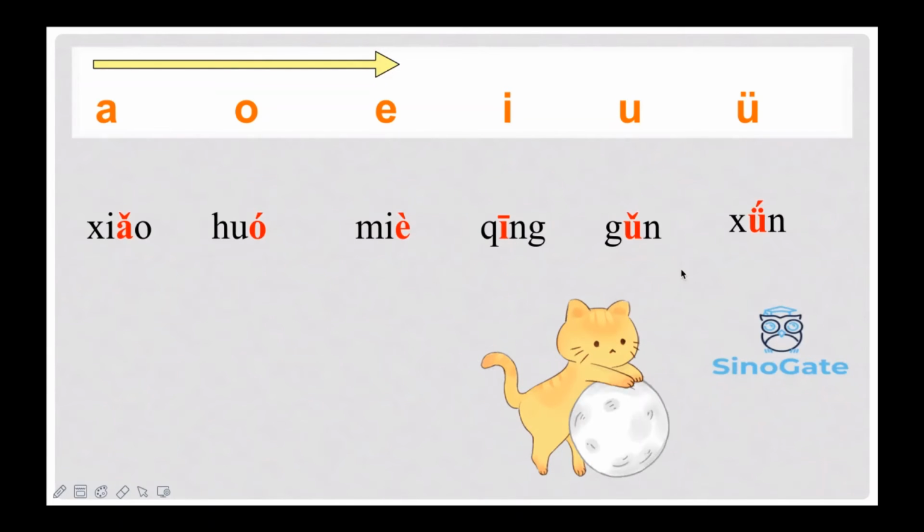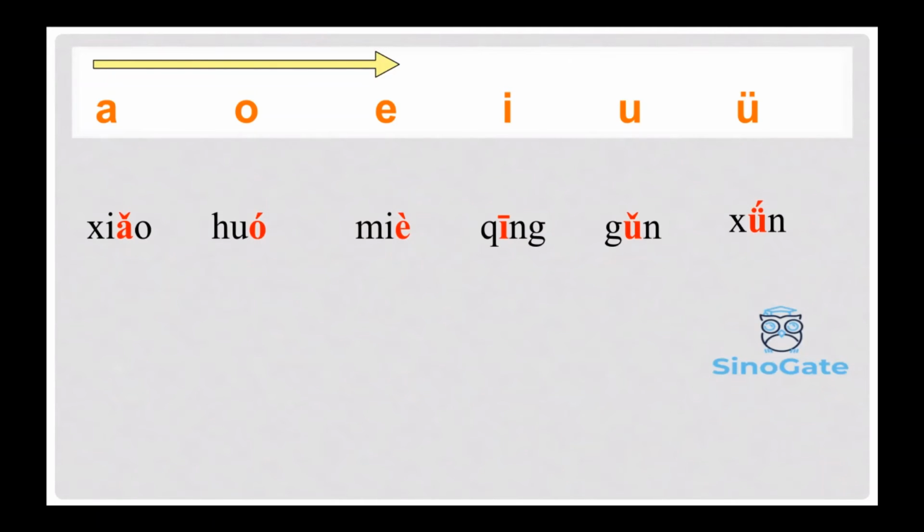The last three are easy. You find the key vowel and put the tone mark on it. But when there is more than one key vowel, when you see A, O and E, priority goes to A, and then O, E in this order.